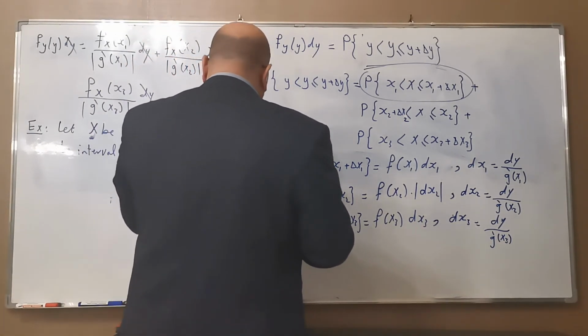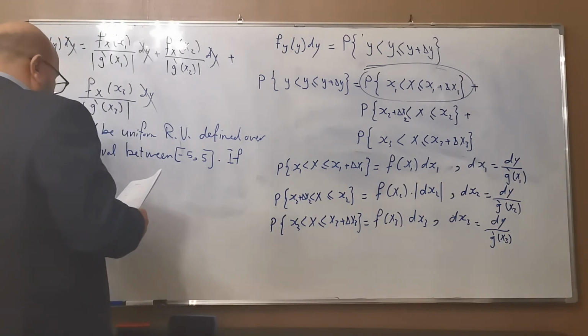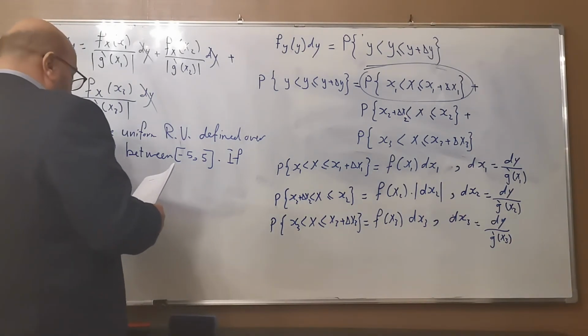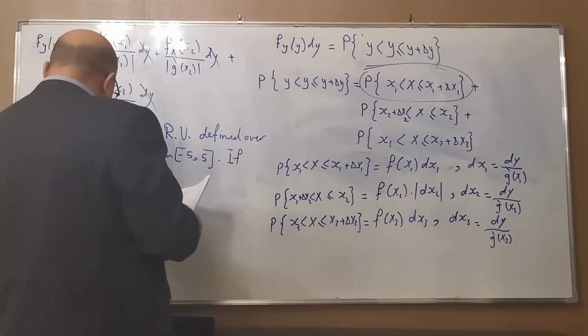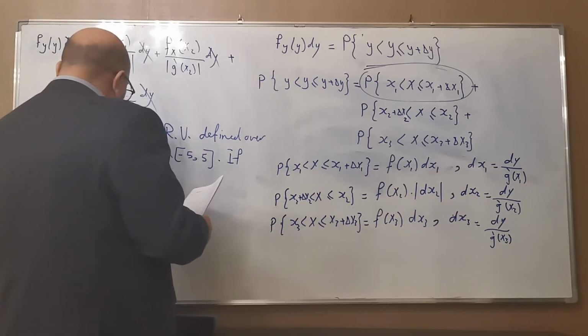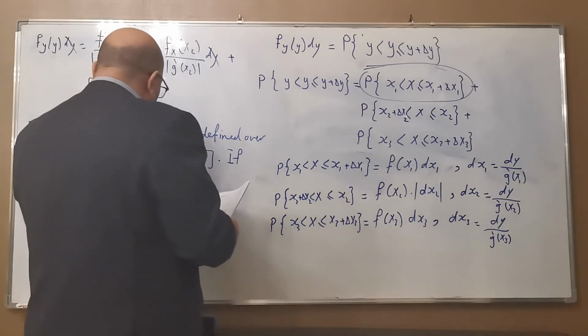If y equals g of x equals x squared, find fY(y).